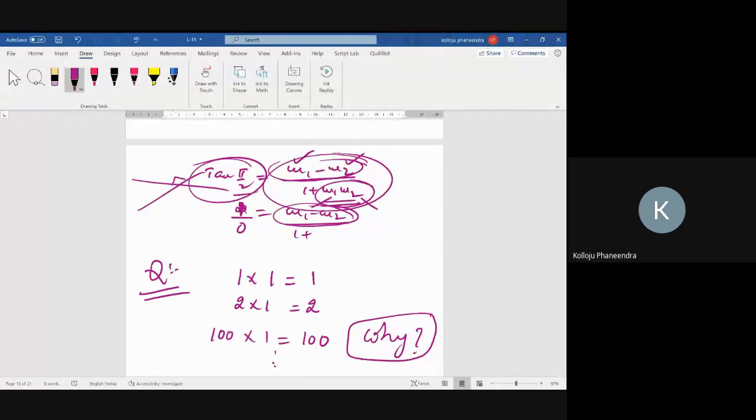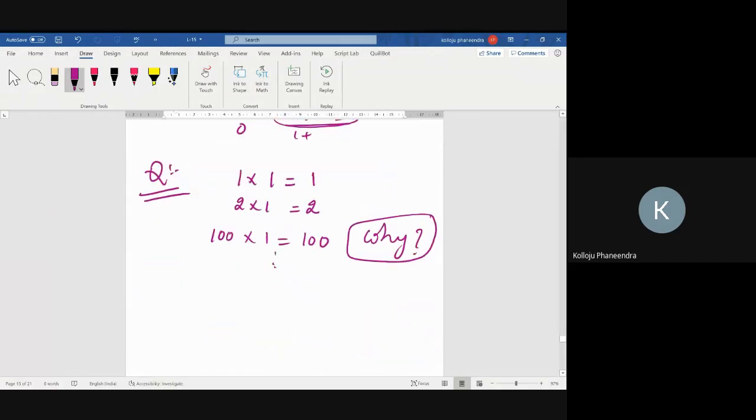Yes, the simple question is why 1 into 1 is 1. 1 into any number is its number itself. 1 into x equal to x.